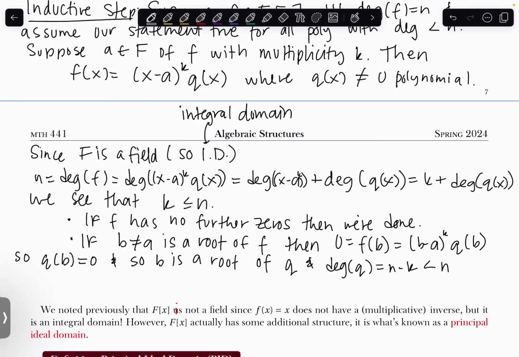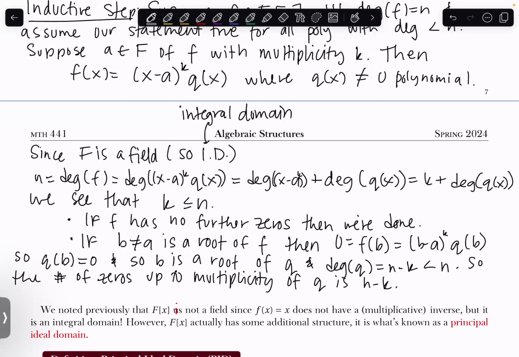I know that the number of zeros I have here up to multiplicity is at most n minus k. I can't go past the degree of that polynomial. So the number of zeros up to multiplicity of q is at most n minus k.